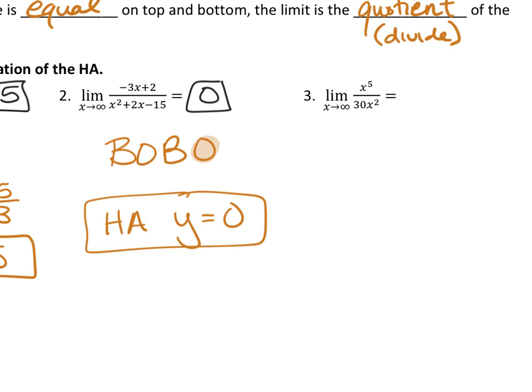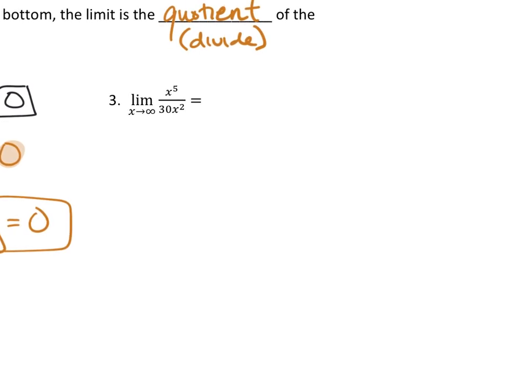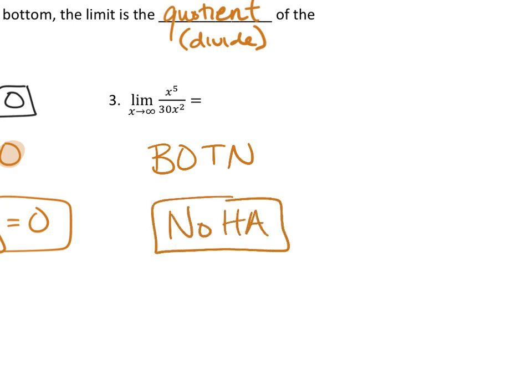And number 3, BOBO, BOTN, or BETSY? This is BOTN because it's bigger on top. The top has a 5, the bottom has a 2. So it's BOTN, which means it does not have a horizontal asymptote, and that the limit would be either positive or negative infinity. And for this one, it's positive.